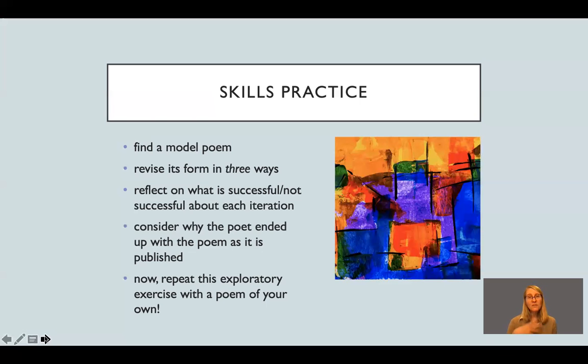And then once you've done that once with a work that you admire, now repeat it with a poem of your own. You're starting to draft some poems for this course. Work through one of your rough drafts and see, well, what would happen if I change this up 3 different times? I have 4 iterations of the poem now. What's working? What is serving my message to my readers in the most engaging and compelling way?